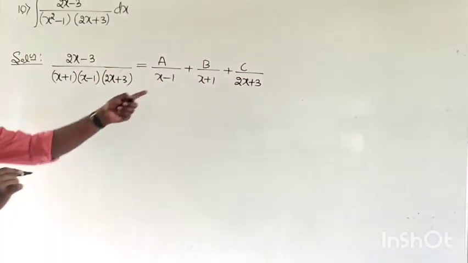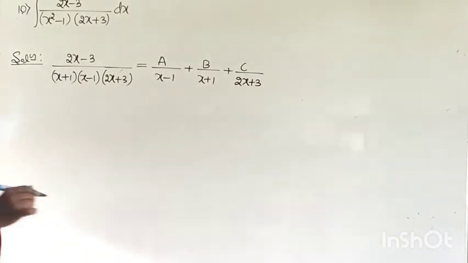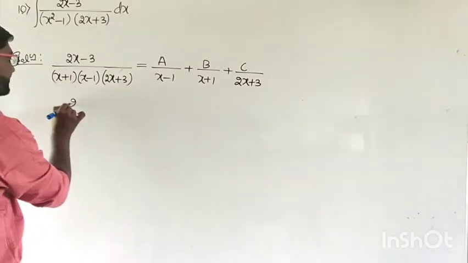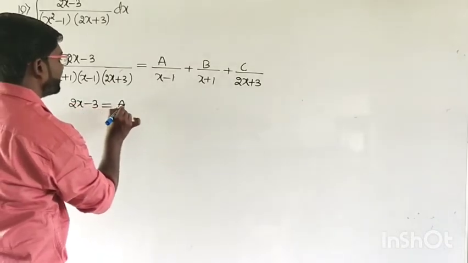So now take up the LCM in the right hand side and the denominators get cancelled. I write 2x minus 3 as it is, which is equal to A into the bracket.